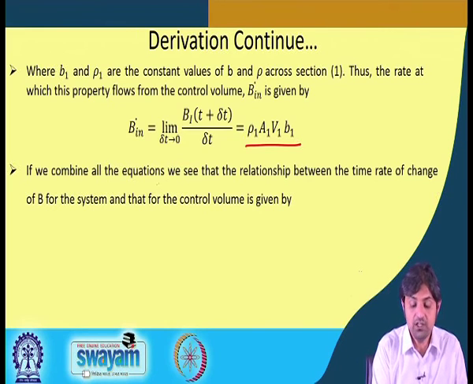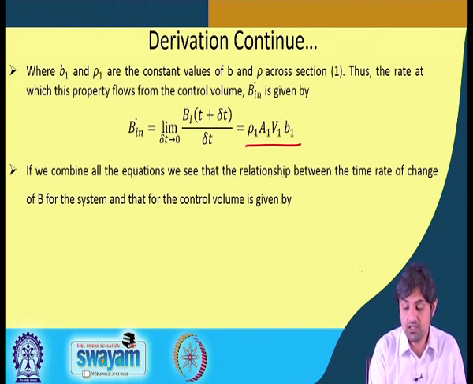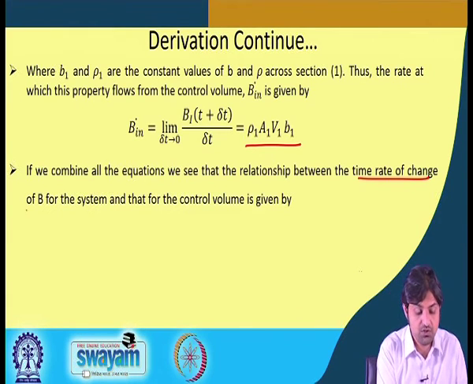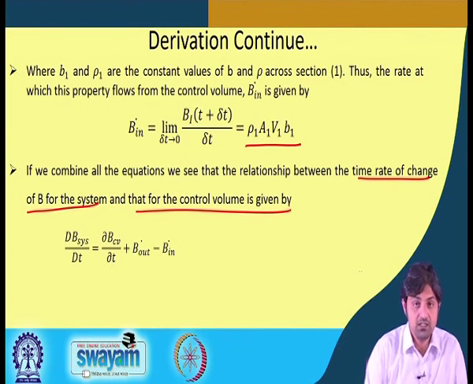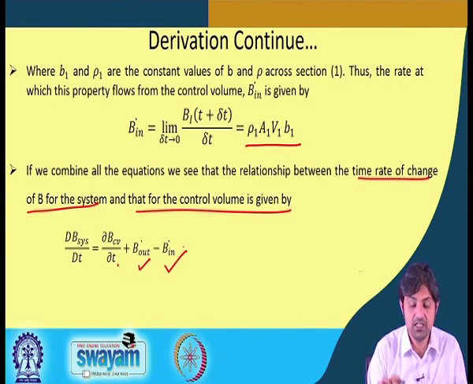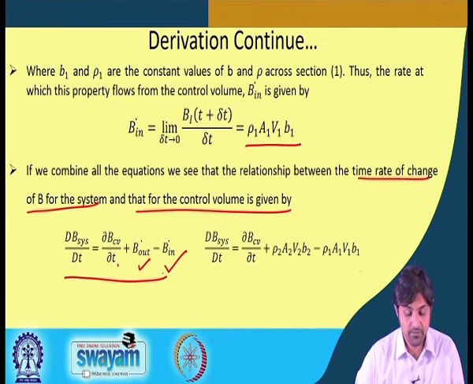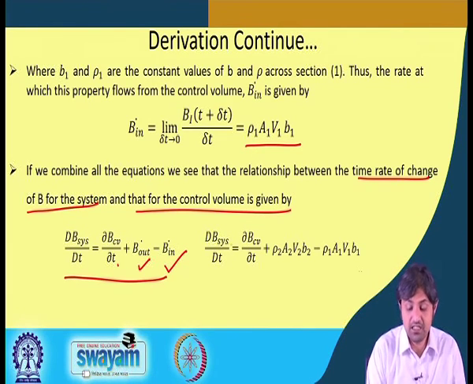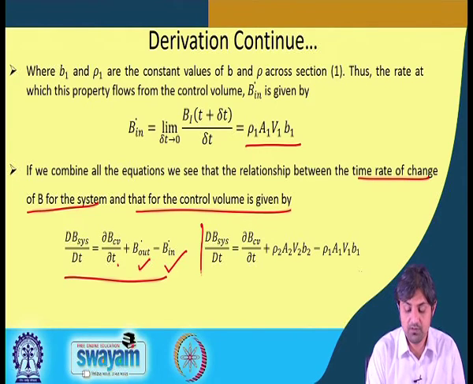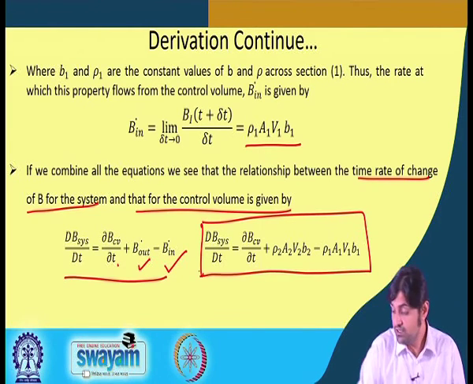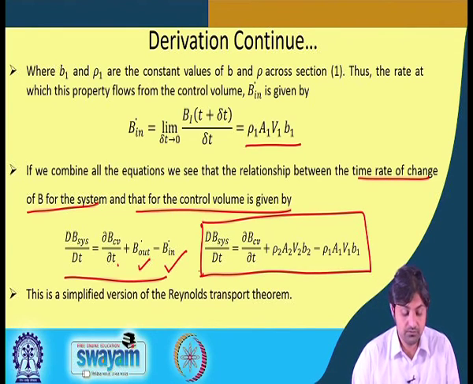If we combine all the equations, we see that the relationship between the time rate of change of B for the system and that for the control volume is given by DB system by Dt equals del B CV by del t plus B out minus B in, or DB system by Dt is equal to del B CV by del t plus rho 2 A2 V2 B2 minus rho 1 A1 V1 B1. This is one equation that we obtain.